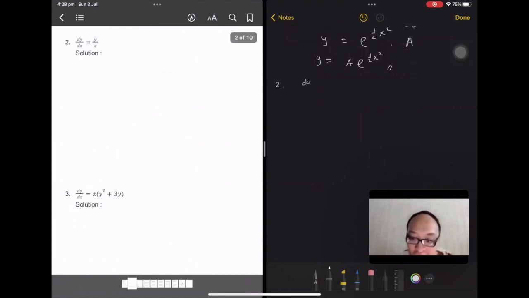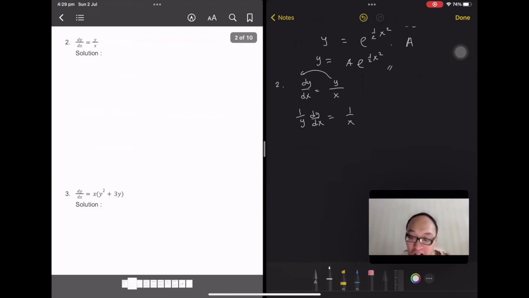dy/dx equals y over x. The same method. First, we have to do the separating of variables. We can move the y to the left side, so it becomes 1 over y dy/dx equals 1 over x.